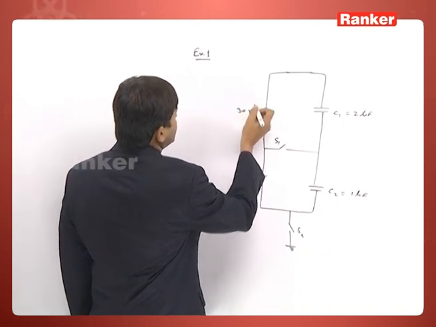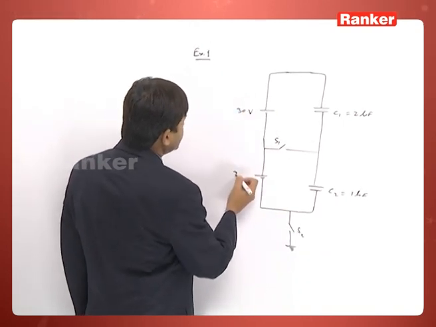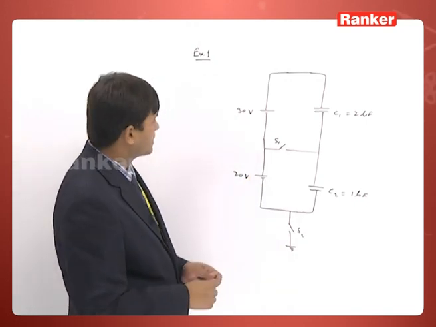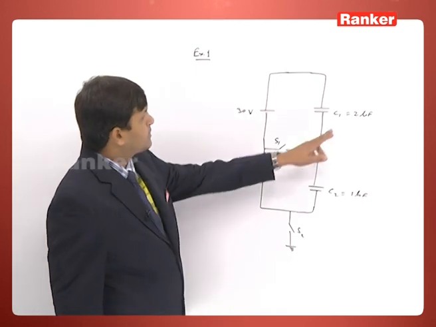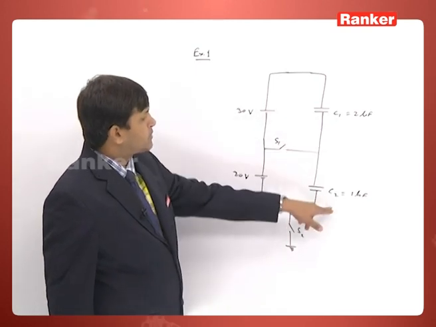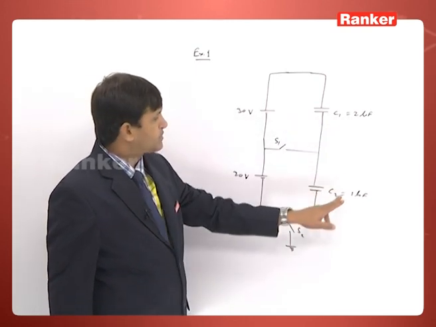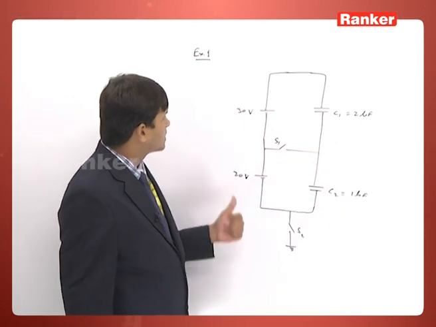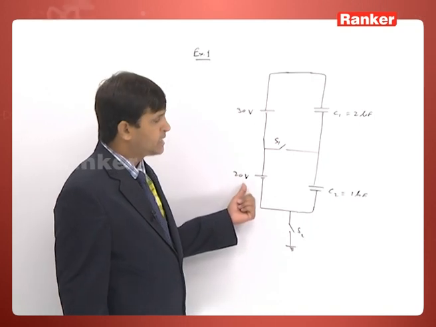This cell has an EMF of 30 volt, and this one here 20 volt. Okay, this is the initial diagram given. It has two capacitances, 2 microfarad and 1 microfarad, and two cells we have used, 30 volt and 20 volt are their EMFs.